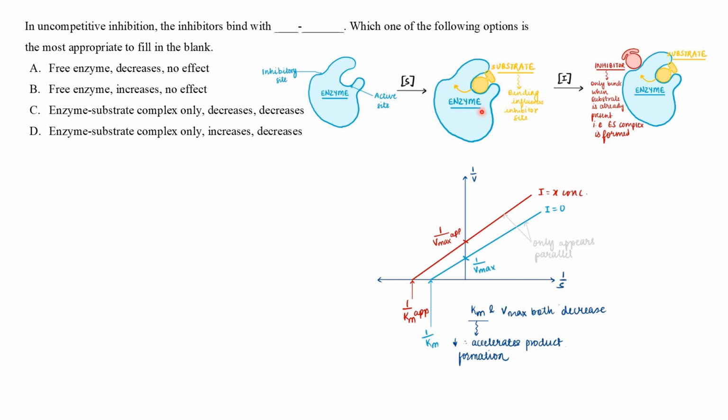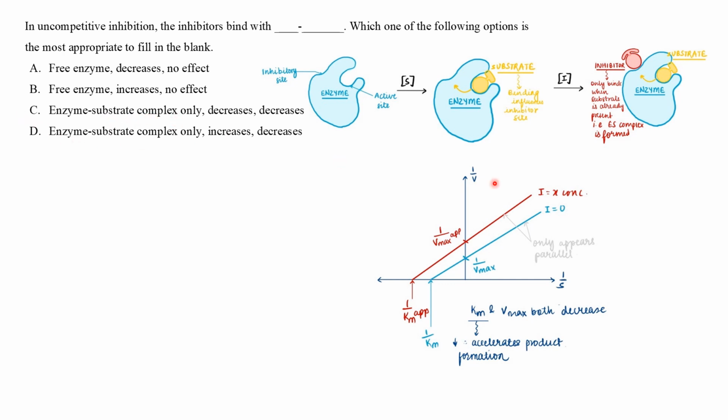On binding of the substrate, the inhibitor site slightly changes and allows the binding of the inhibitor. So the inhibitor can only bind when the enzyme substrate complex is already present. So, in uncompetitive inhibition, inhibitors bind with the enzyme substrate complex only.